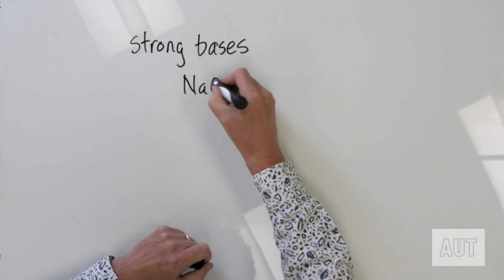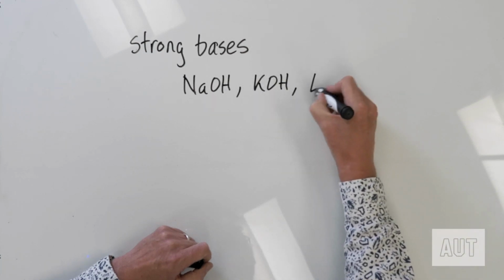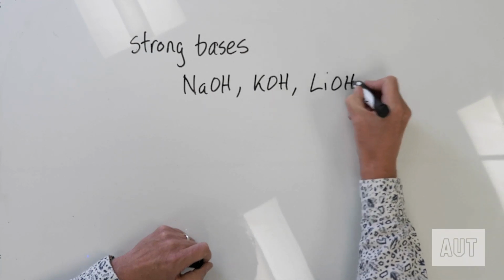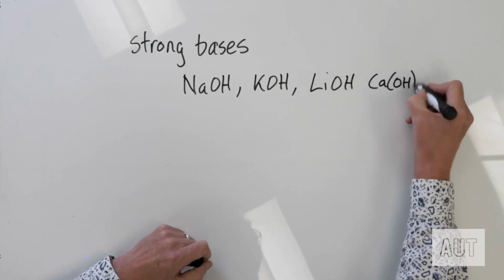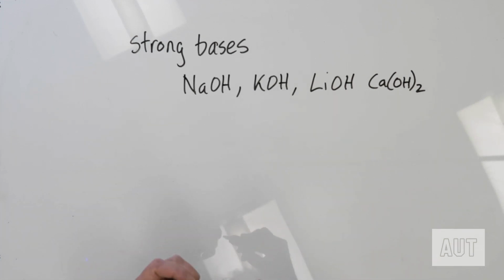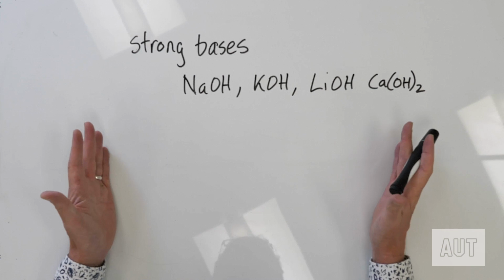So we would talk sodium hydroxide, potassium hydroxide, lithium hydroxide, maybe calcium hydroxide, etc. Anything that gives rise to stoichiometric amounts of hydroxide ion when you dissolve it in solution.